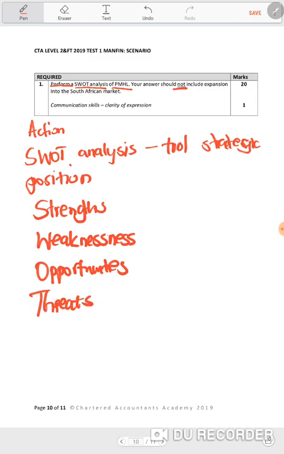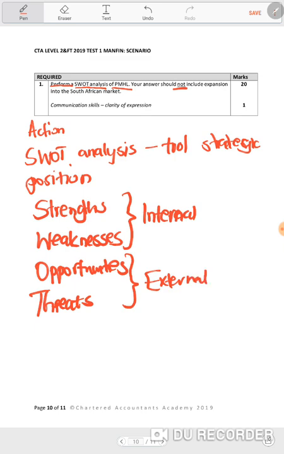Sorry about the spelling for weaknesses. Okay, let's move on. So strengths and weaknesses specifically look at the internal environment, and opportunities and threats look at the external environment.